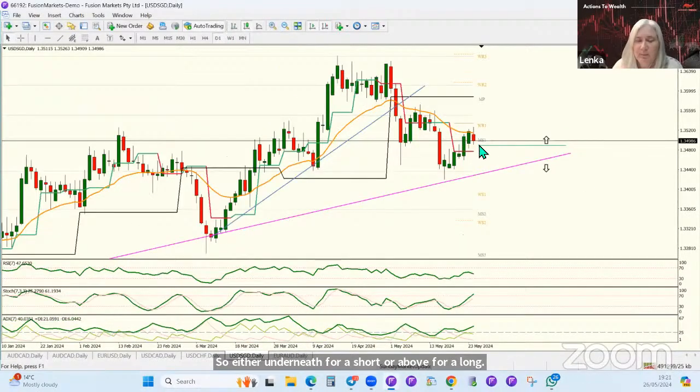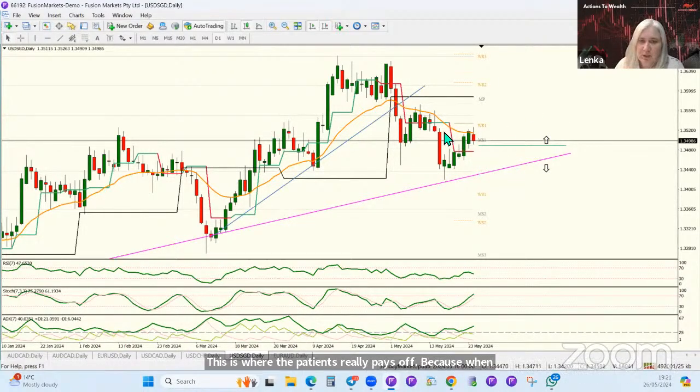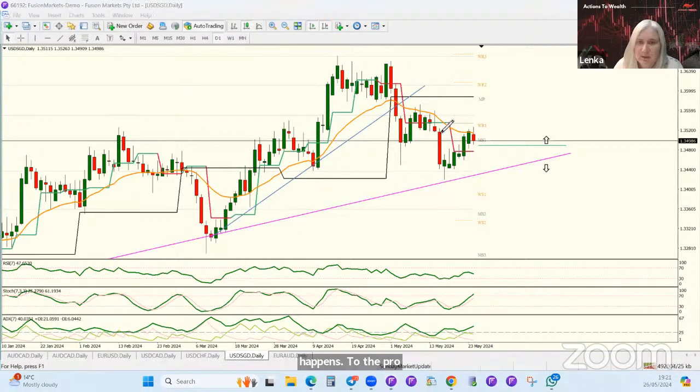This is where the patience really pays off, because when the price action is just ranging and going sideways within a certain channel, then we need to see what happens to the price action. So looking at this big bar here, we could have the channel there.